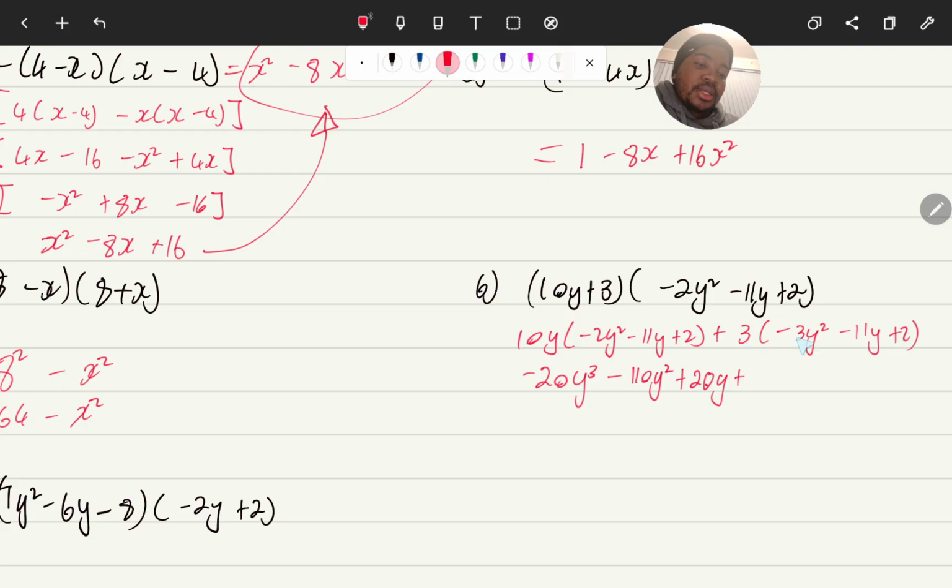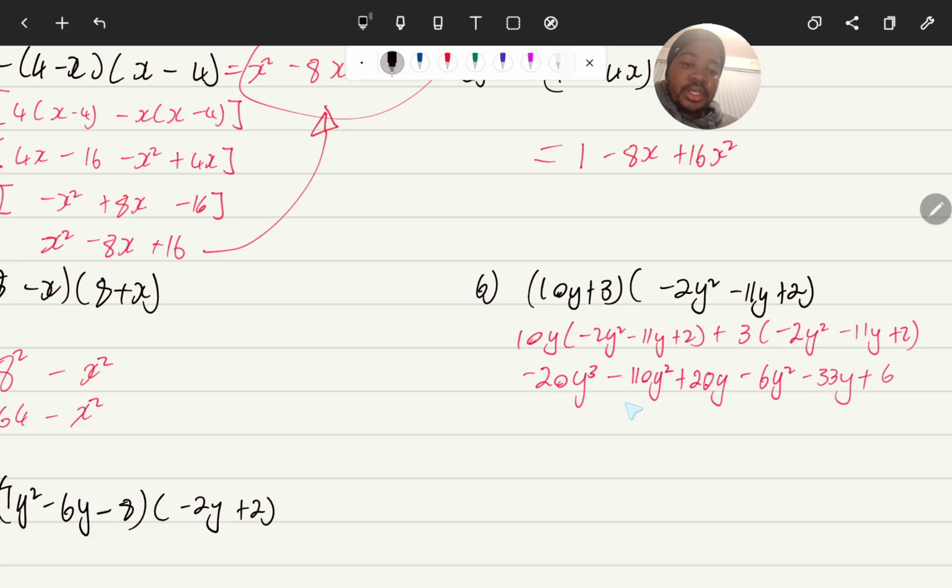Cool. Then plus, this is 2, it's gonna be negative 6y squared minus 33y plus 6.